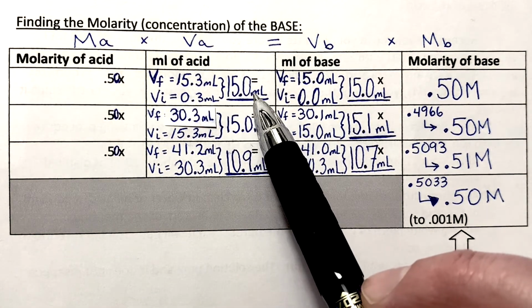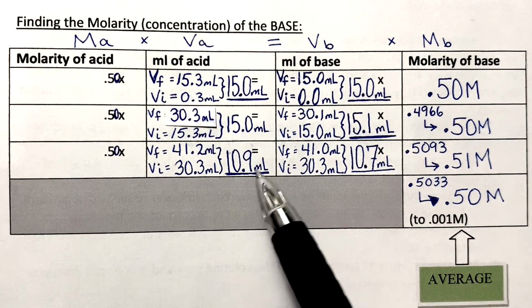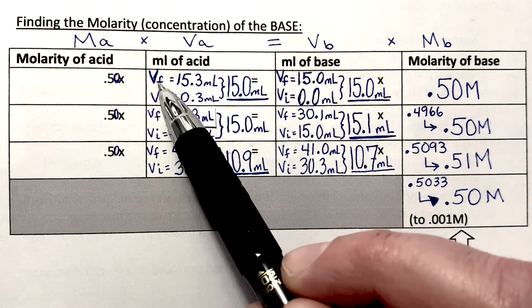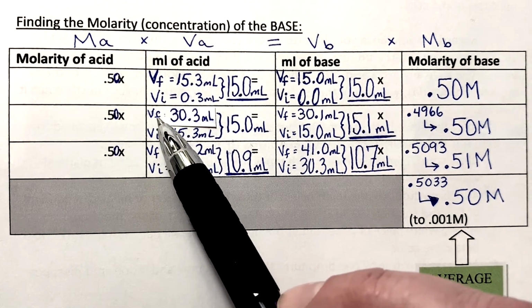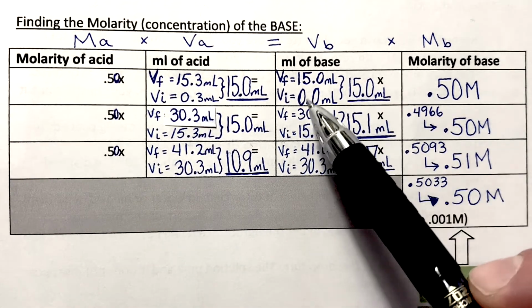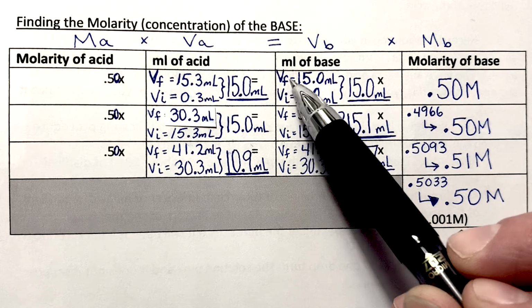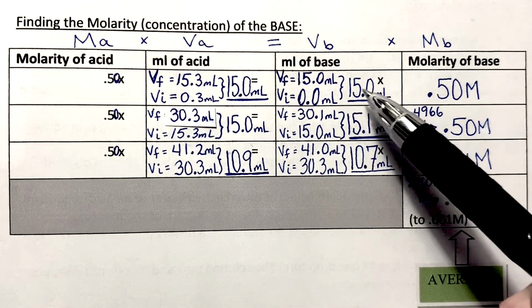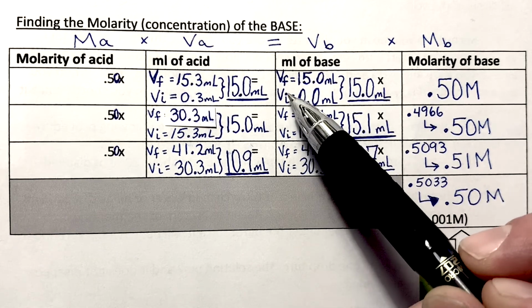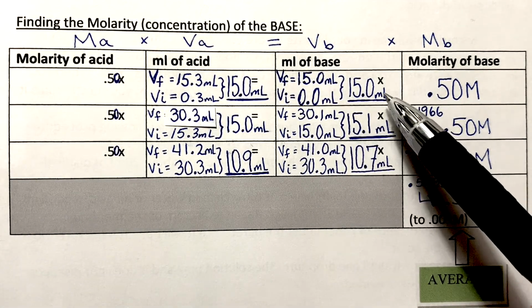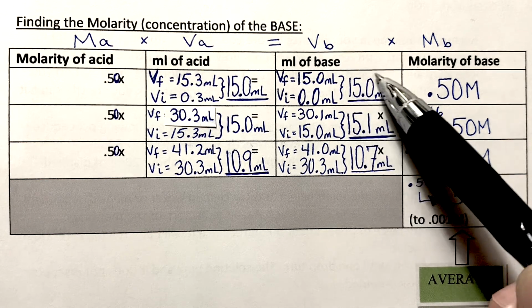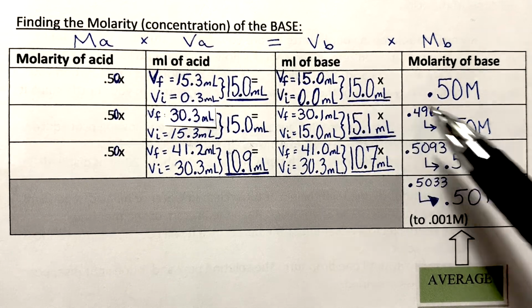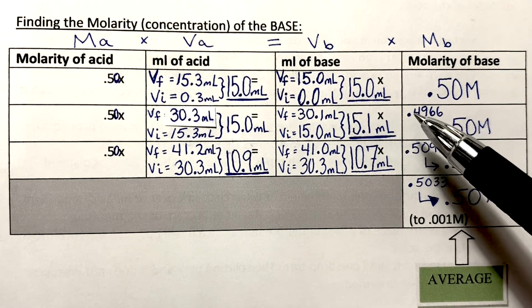You'll notice the volume of the acid that we got as we recorded the initial volume and the final volumes for each trial. And then, of course, we had an initial volume and a final volume for each trial with the base. We were able to subtract the initial volume from the final volume to get a total volume of base that was added until we hit the endpoint.